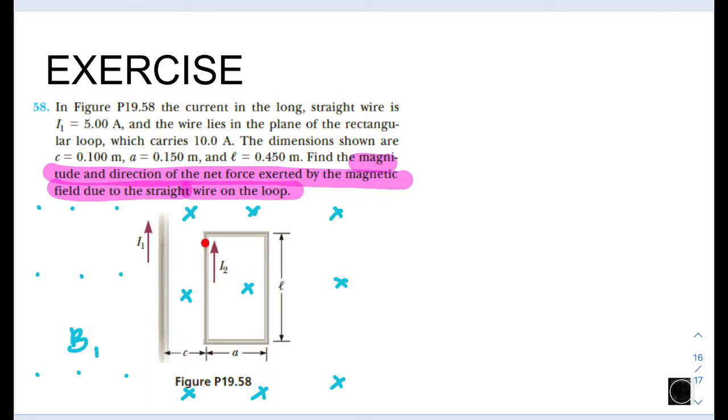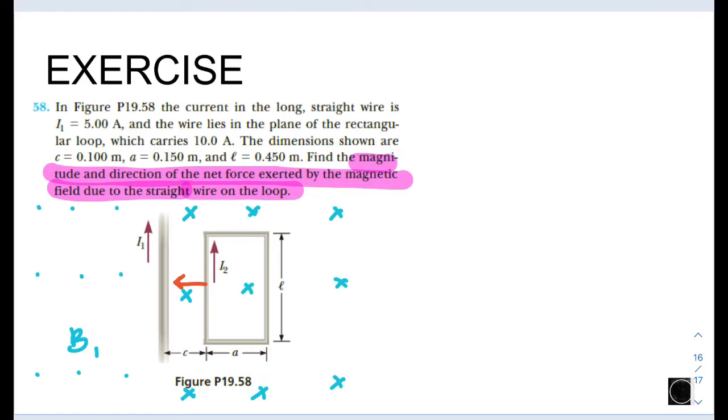Place your index finger along I2, and the rest of your 4 fingers according to the B where the loop is immersed. Your index finger is to the top of the screen, your B is into the page. The force will be to the left. So the force on this side is to the left.